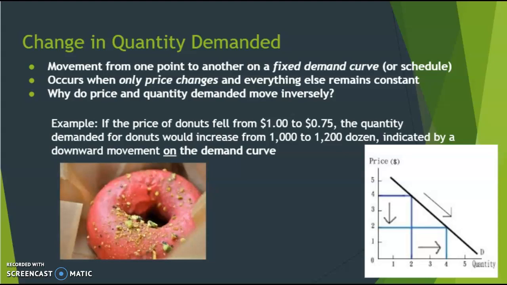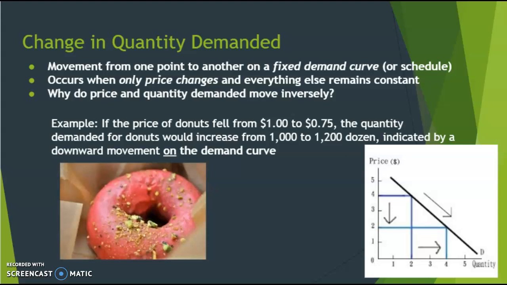And they're inverse mainly because of those three reasons we talked about: price being the biggest factor, diminishing marginal utility was the second reason, and then the income effect. So our example is if the price of donuts fell from $1 to 75 cents, the quantity demanded for donuts would increase from 1,000 to 1,200 dozen, and that's indicated by downward movement on the demand curve.